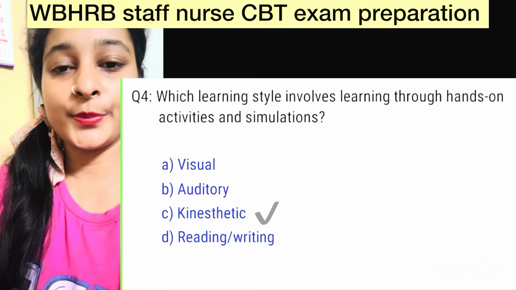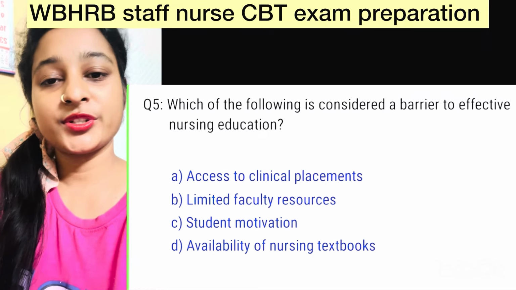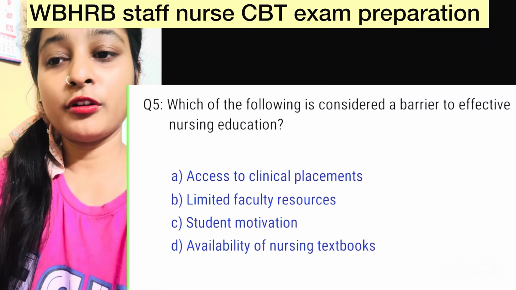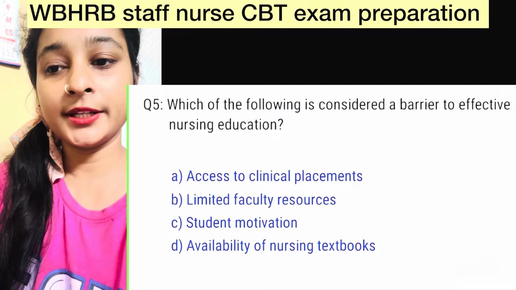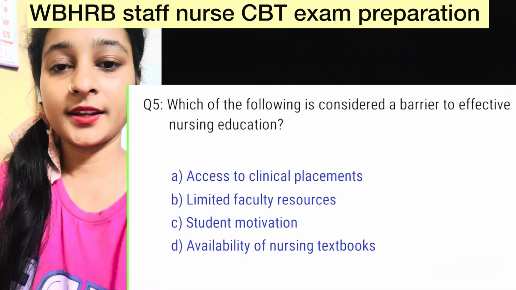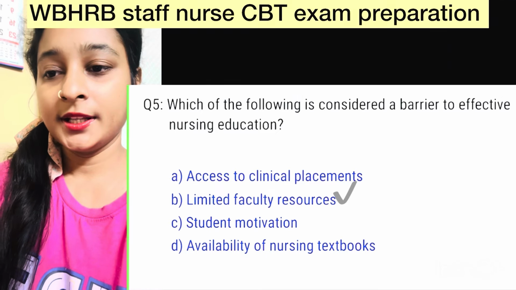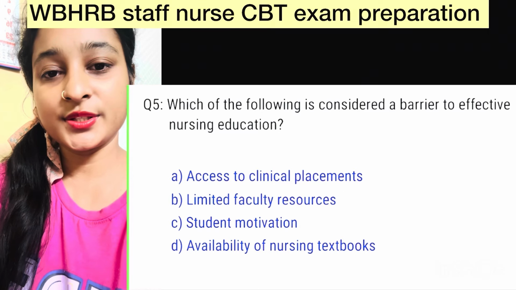Here, correct option is option C, kinesthetic. Question number 5, which of the following is considered a barrier to effective nursing education? Here, correct option is option B, limited faculty resources.